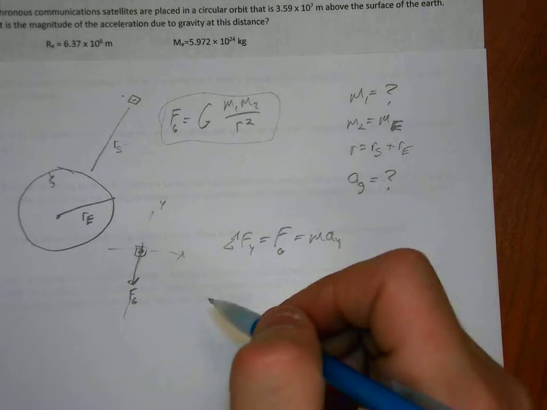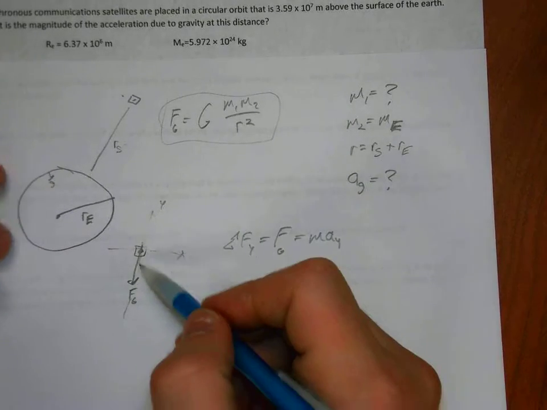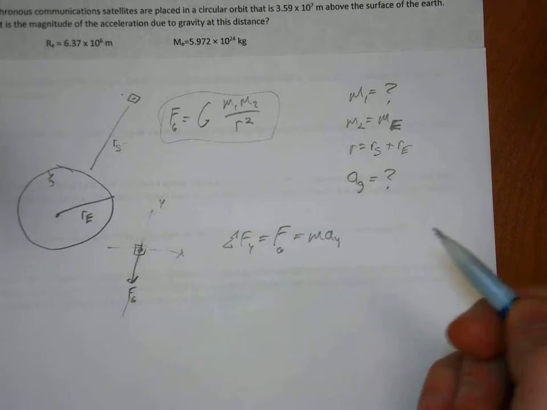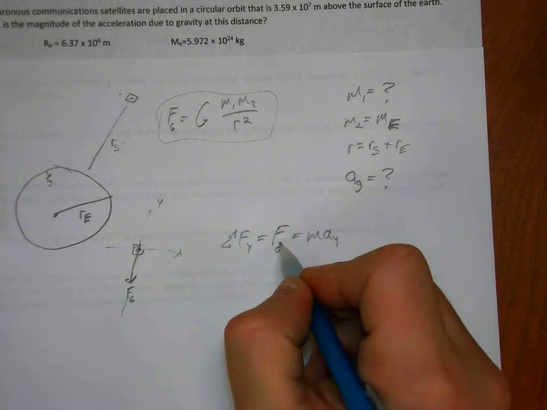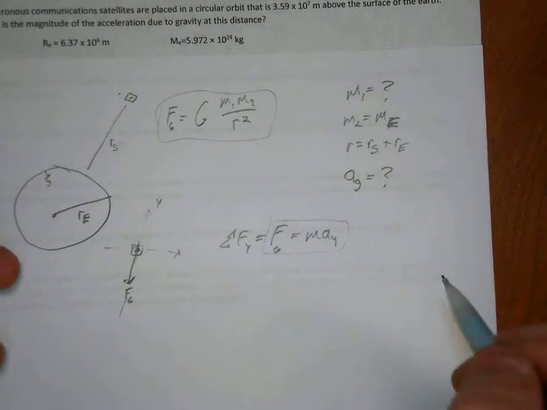Anytime something is moving in a circle, even with constant velocity, it's still accelerating. So it's still going to have a net force called the centripetal force. But you can also think of that as just there's no other force acting on this. So that's the only force there, so it has to be the net force. So the force of gravity equals mass times acceleration.